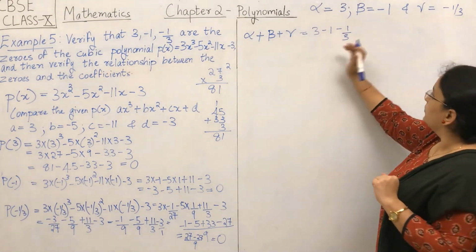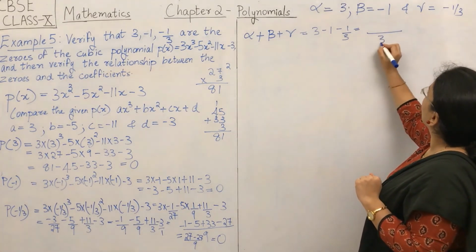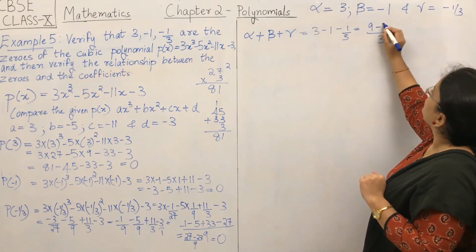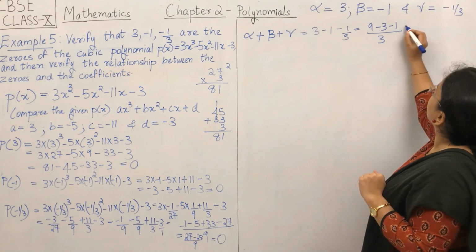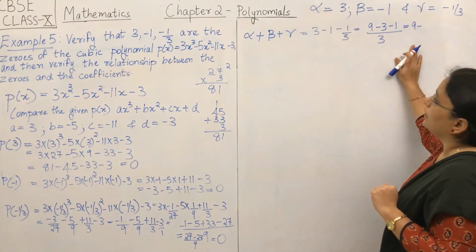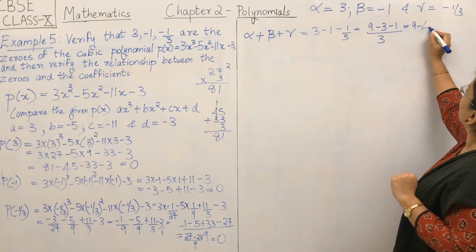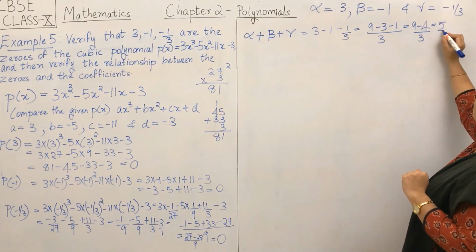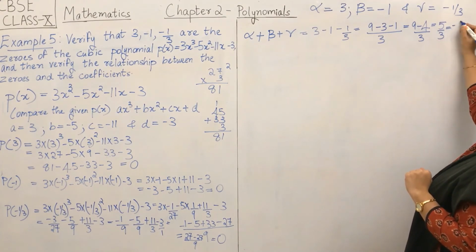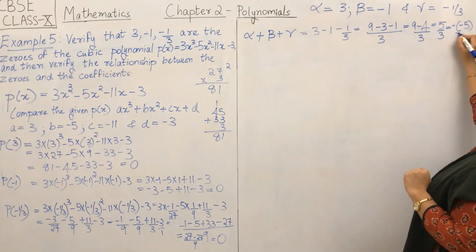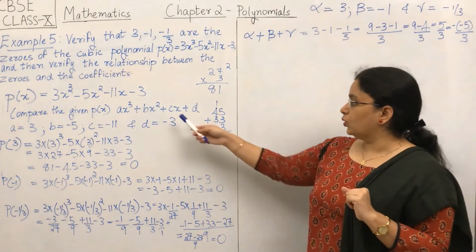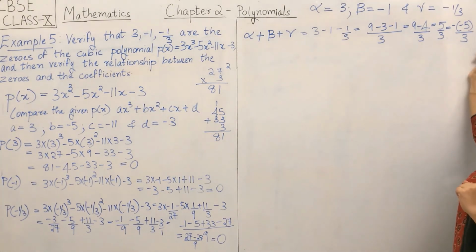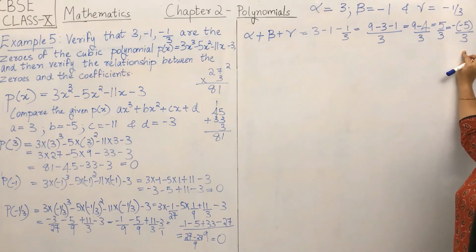Taking 3 as the LCM, here 3 into 3, 9, minus 3 minus 1, it is 9 minus 4 by 3, equal 5 by 3, which can be written as minus of minus 5 by 3. This is equal to minus b by a. So first one we verified.